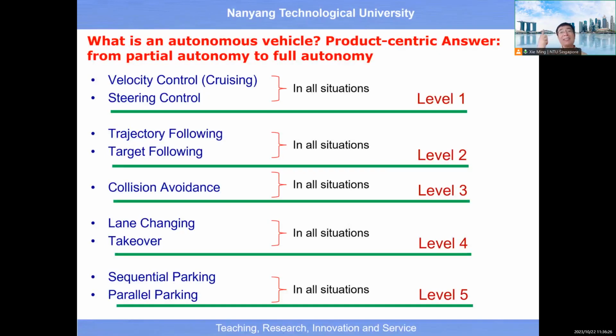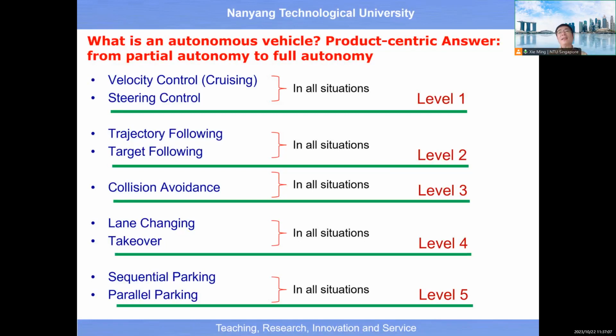Then in addition, if in future this vehicle could 100% undertake trajectory following in all situations, then we can say this vehicle has achieved level 2 autonomy, right? And on top of this existing level of autonomy, if in addition the vehicle could 100% undertake collision avoidance in all situations, then we can claim that such a vehicle has reached level 3 autonomy, right?